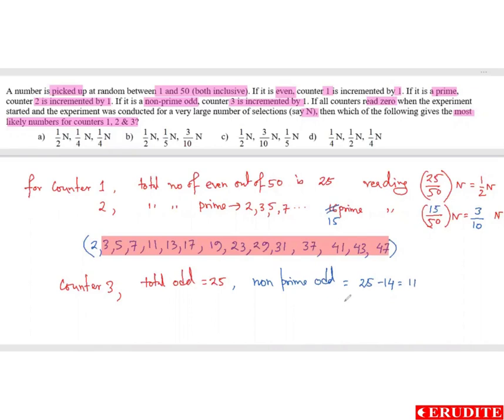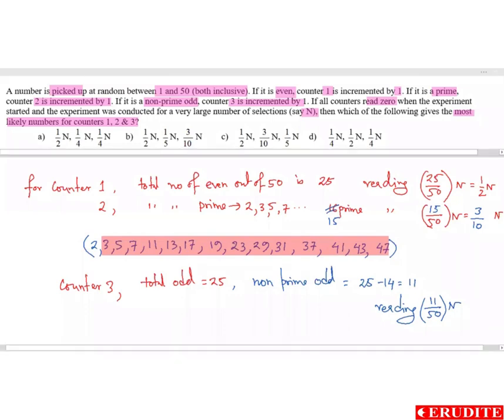Hence the counter should give you the reading as 11 by 50 of n, which is 11 by 50n. That should be the result. So this should be the accurate result.